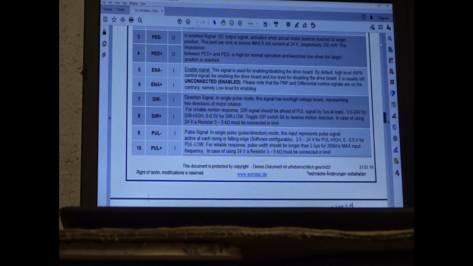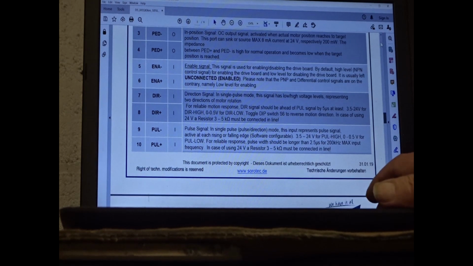For reliable response, pulse width should be longer than 2.5 microseconds for 200 kilohertz max input frequency. In case of using 24 volt, a resistor 3 to 5 kilo ohm must be connected in line.